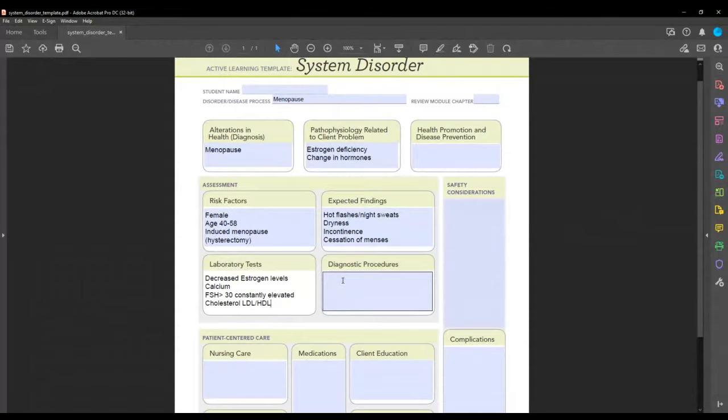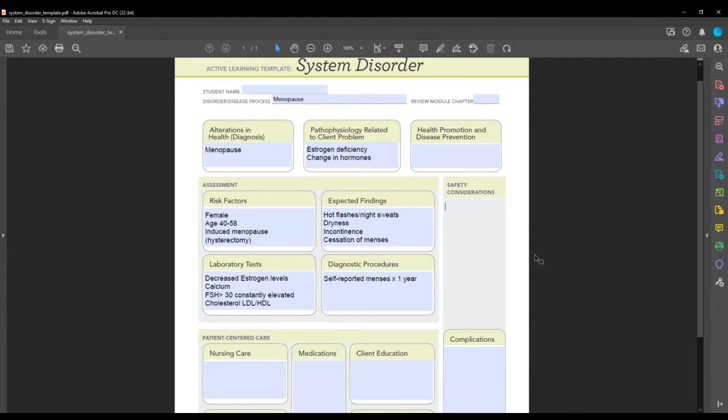Okay, what else? Diagnostic procedures. Again, there's not really any testing that we're going to do, maybe our labs. So for this, I just put that they're going to tell us that they don't menstruate anymore. And we want to see that for a full year. Any safety considerations?